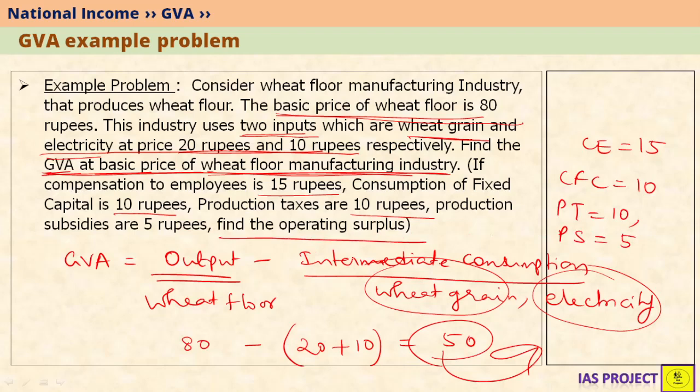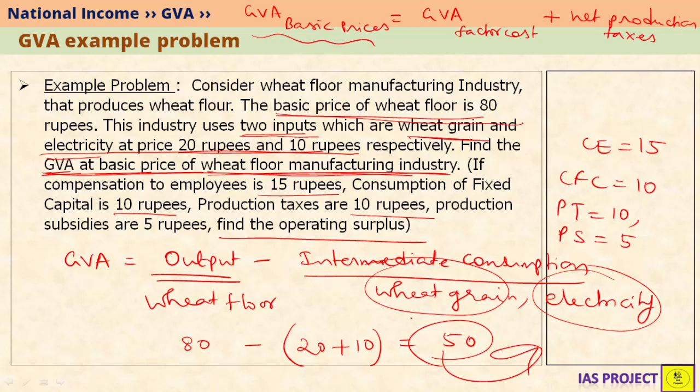Find the operating surplus. We already know GVA at basic prices is nothing but GVA at factor cost plus net production taxes. So GVA at basic prices, which we have already got here as 50, is equal to GVA at factor cost, which is nothing but CE plus CFC plus OS or MI.